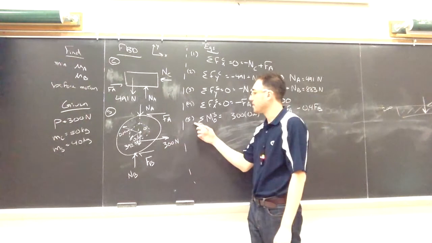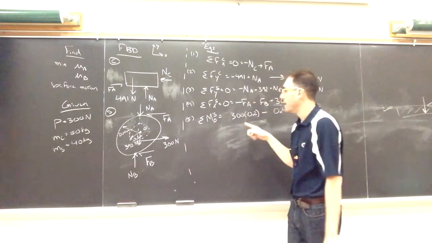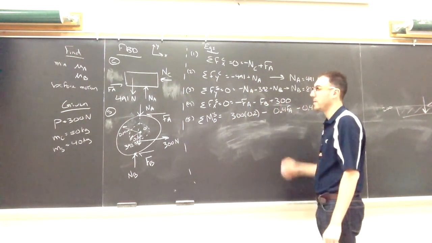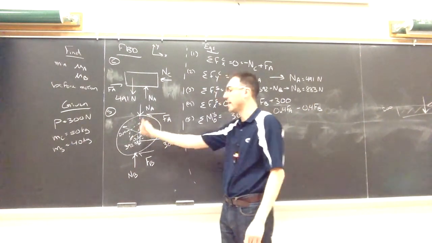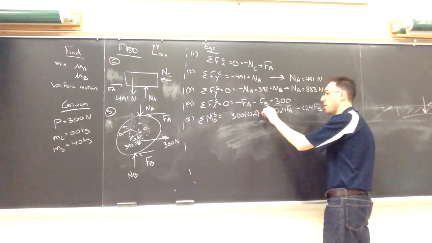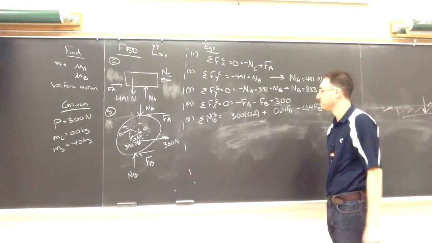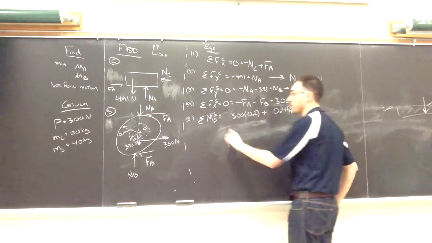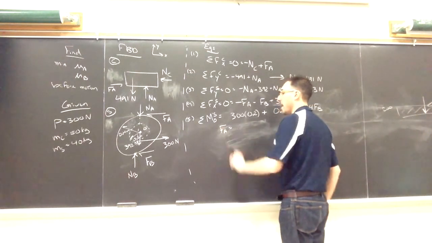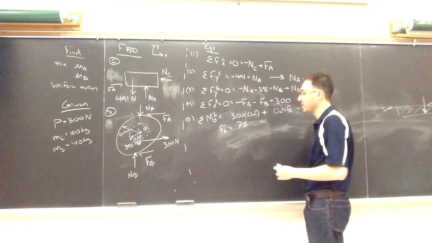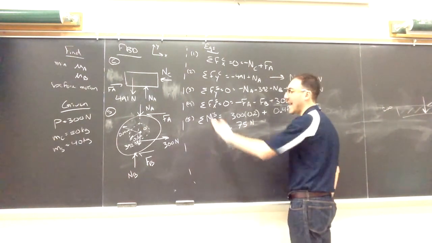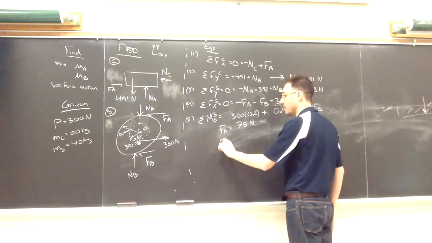And if I come down here to equation number 5, because FA now points to the left, then FA is going to be exerting a counterclockwise rotation around O, so that will become positive. So actually, if I go and resolve this, I get here FA is positive 75. So it did just switch sign in this case, but now everything is pointed in the right direction.